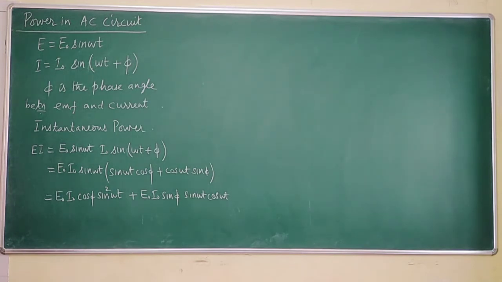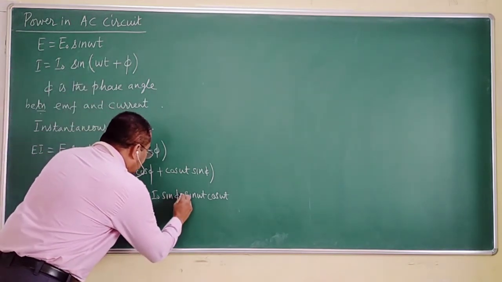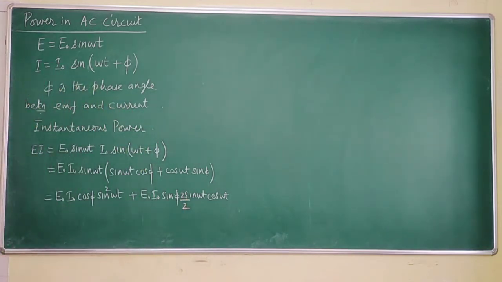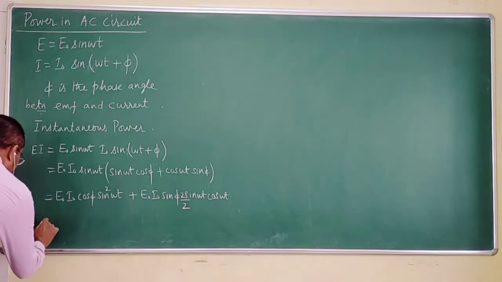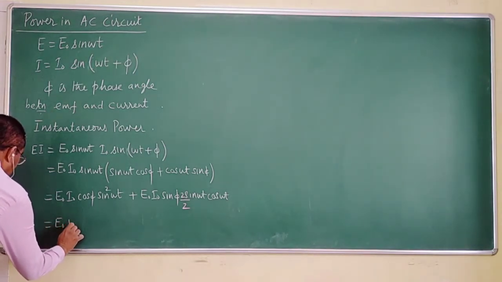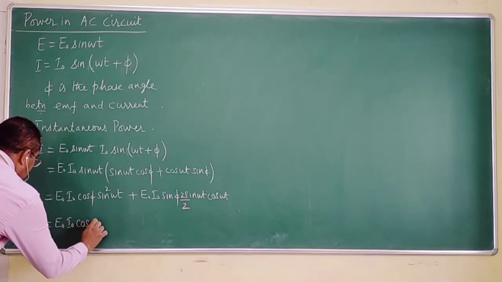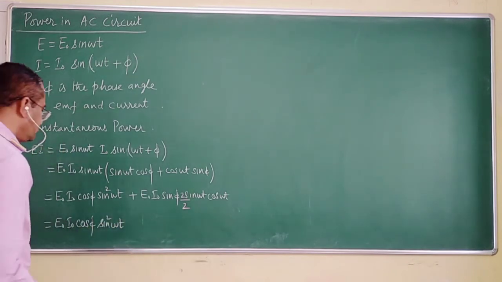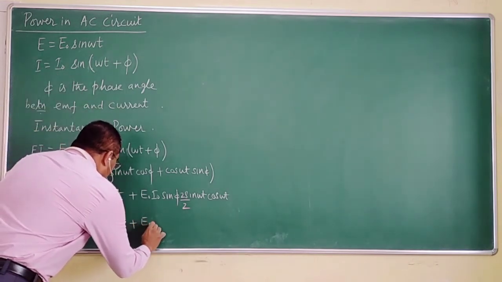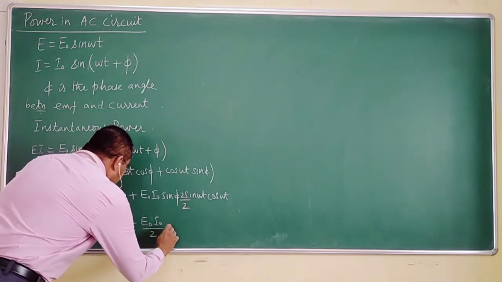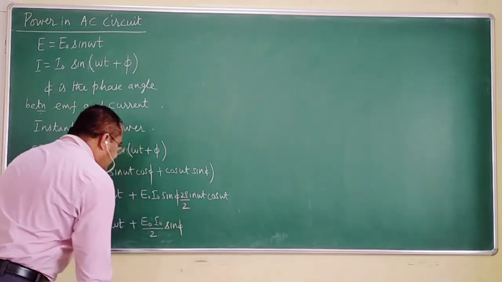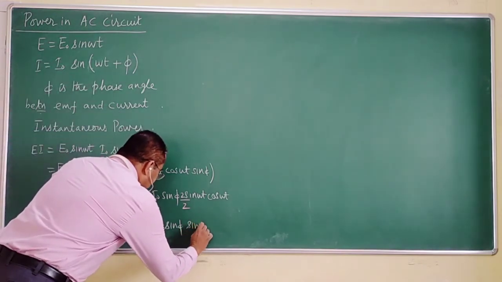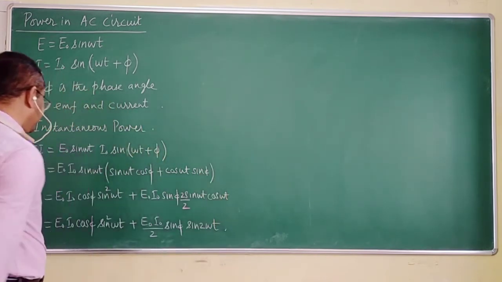What I will do now here is multiply by 2, divide by 2, value will not change. So what happens is, this will become E naught I naught cos phi into sine squared omega t plus E naught I naught by 2 into sine phi, 2 sine A cos A, sine 2A, therefore sine 2 omega t.